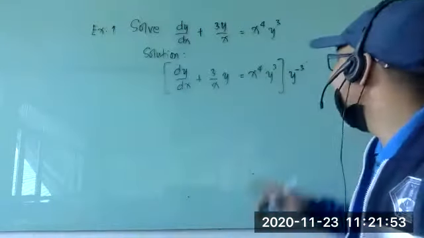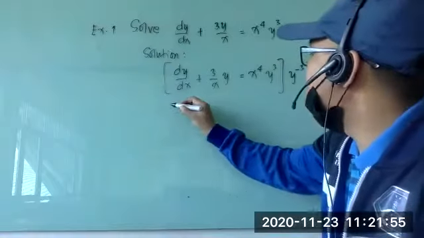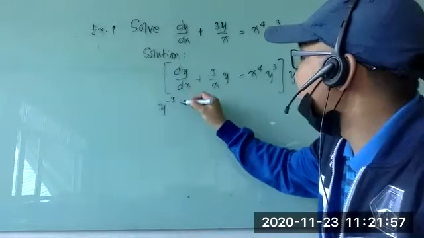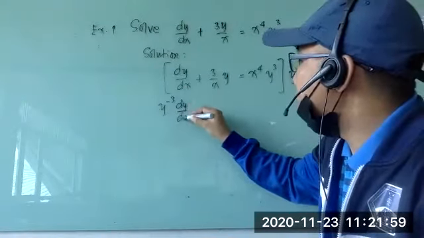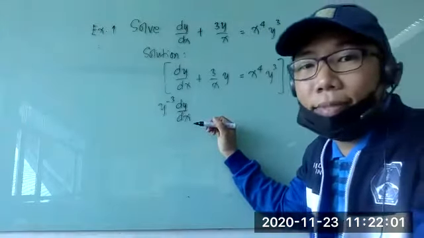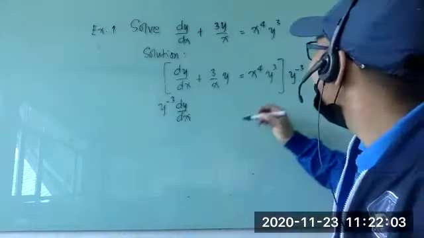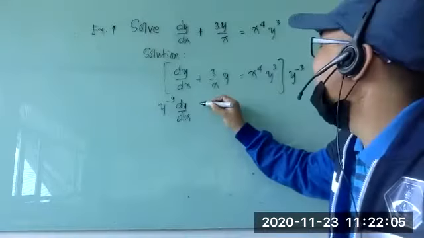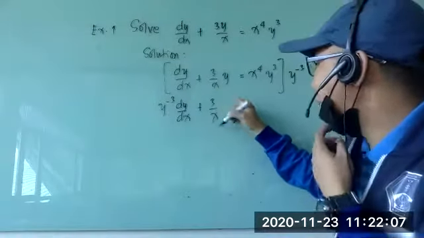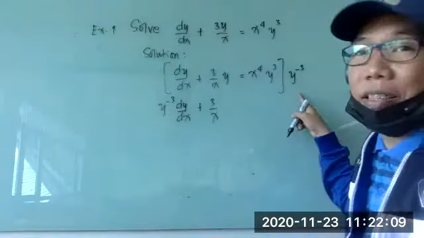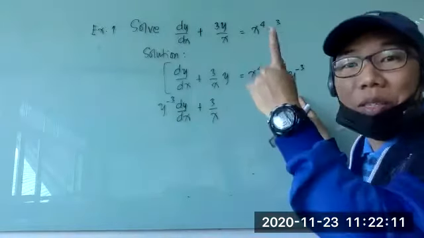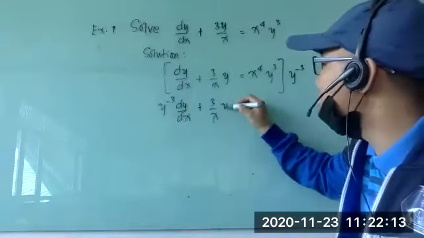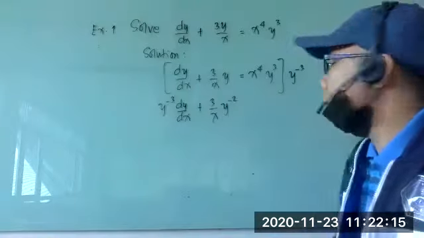So pwedeng ganon. Now this will become y raised to negative 3 dy over dx. Plus 3 over x, y times y raised to negative 3. Anong mangyayari? 1 minus 3 sa exponent. Magiging y raised to minus 2.